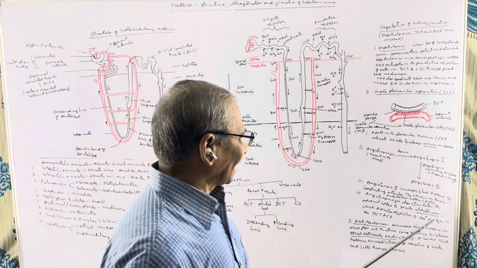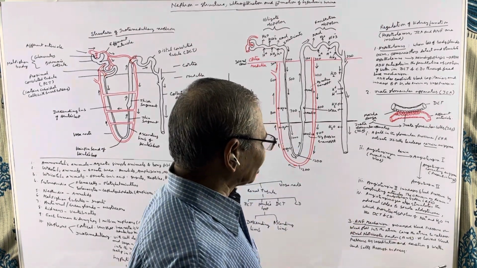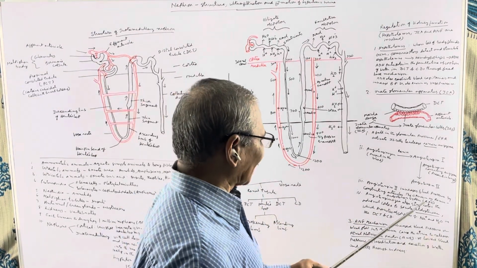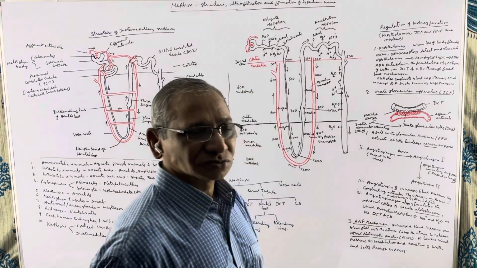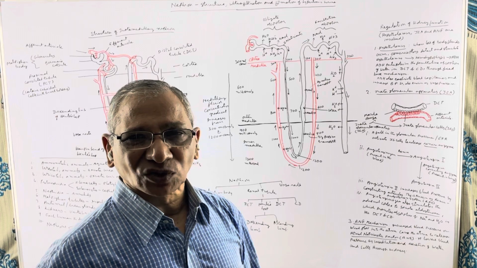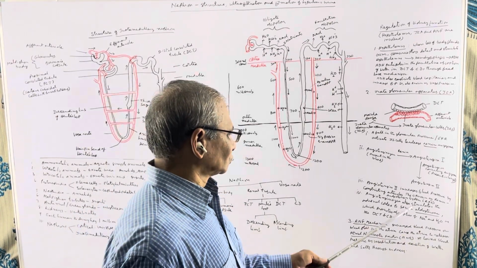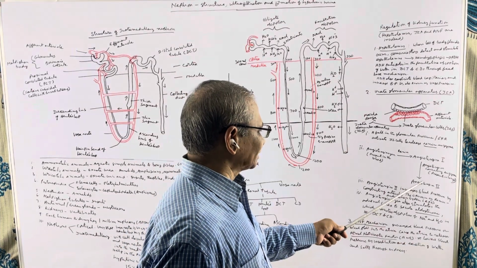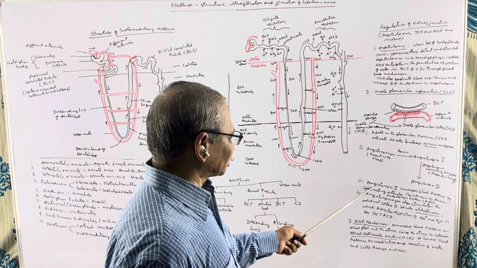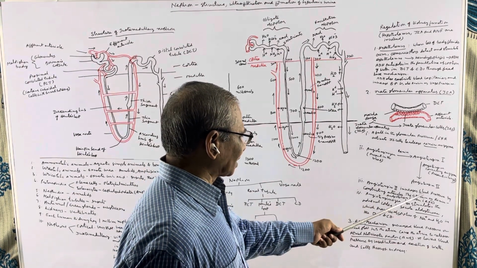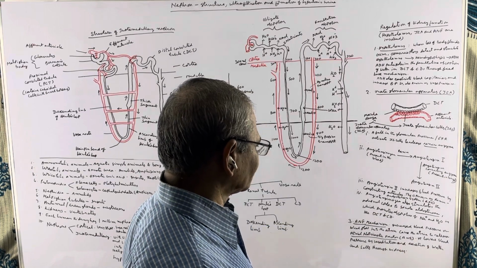Then, angiotensin 1 is further converted into angiotensin 2 by another enzyme known as angiotensin converting enzyme, which is present in the lungs. So, angiotensin 2 is formed. This angiotensin 2 increases blood pressure by constricting the arterioles.